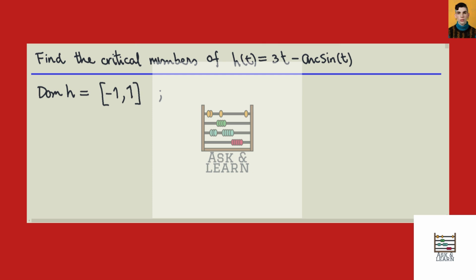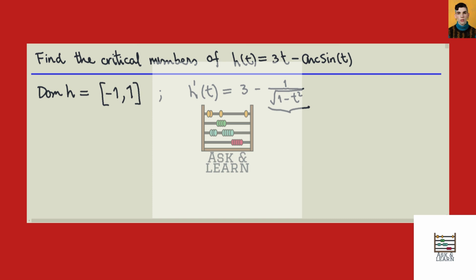And now we calculate the first derivative of h, and we get 3 minus 1 over square root of 1 minus t squared. This is the expression for the derivative of the arcsine of t, the inverse of the sine function.